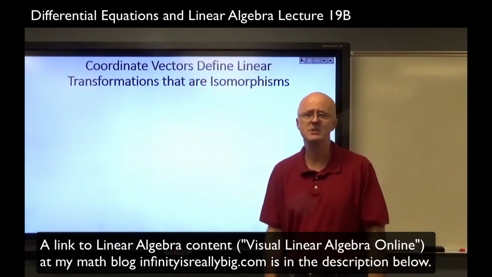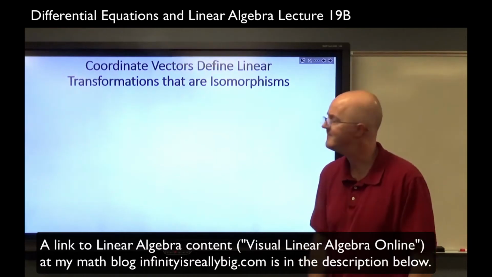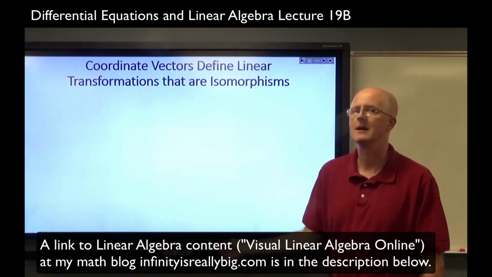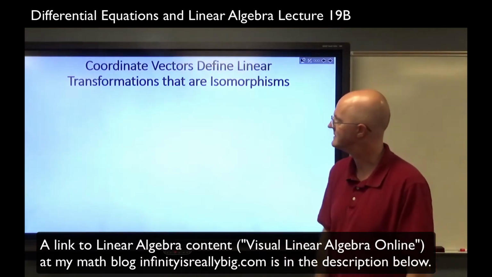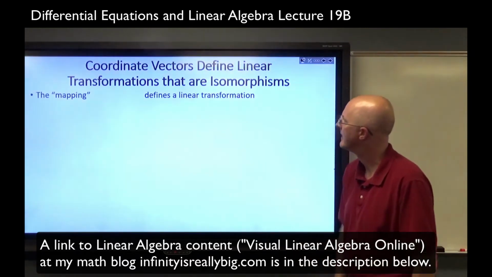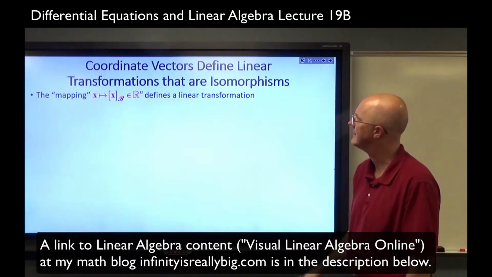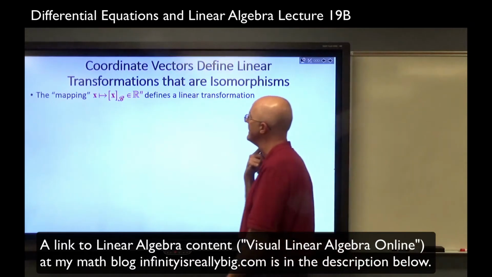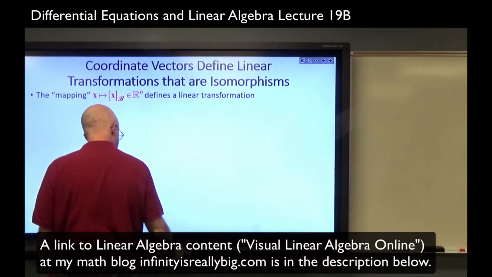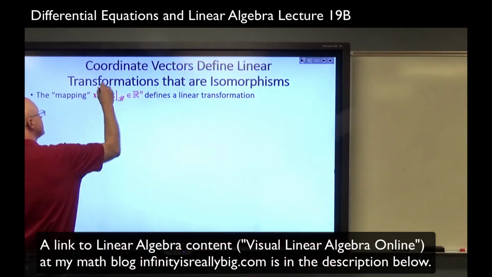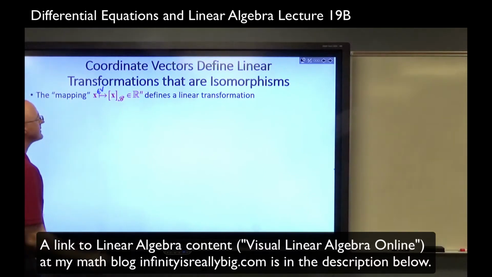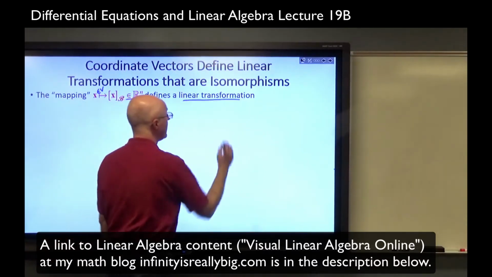Here's a new slide that I didn't show in the last lecture. Some other slides are old ones that come after this. The mapping that maps a vector in an abstract vector space, x in V, to its coordinate vector in Rn defines a linear transformation.